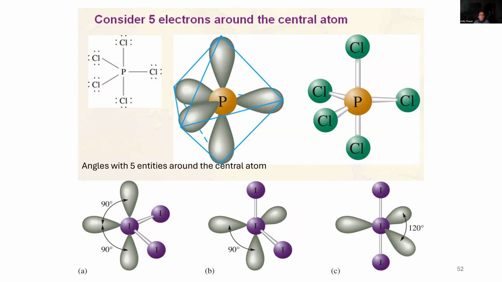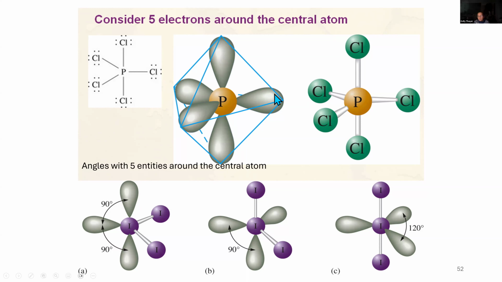All right, so let's consider a situation where the electron does not get lost. Then we're not going to have the ion anymore. So here we're going to have 5 things around the center. What kind of shape will this make? Well, this is going to make the trigonal bipyramidal shape, being shown right here.